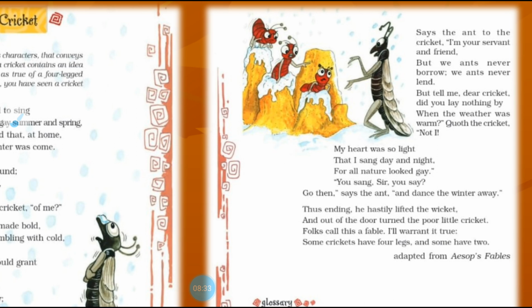Those people are supposed to be taken as the two-legged crickets. So what is the two-legged cricket? Here the poet used the word two-legged cricket. We have seen crickets having 4 legs, but why then did the poet say two-legged? So those two-legged crickets are compared to human beings.